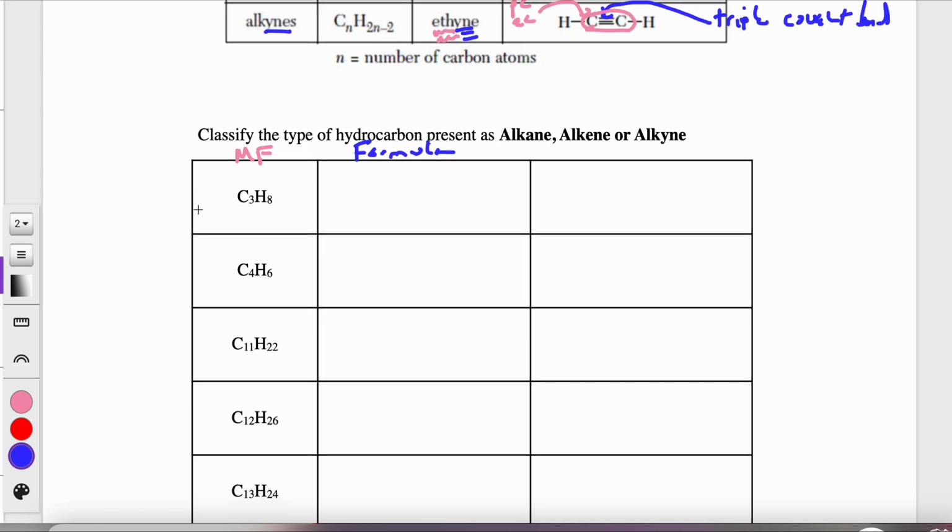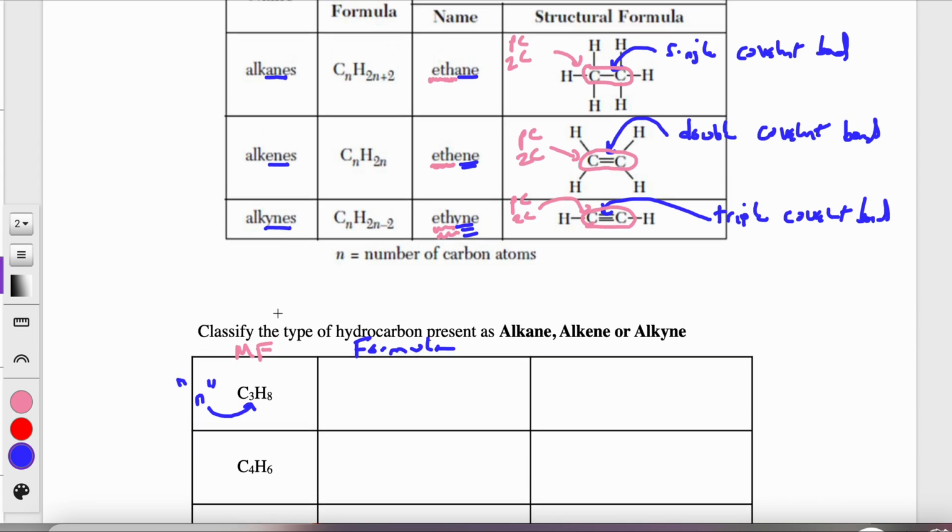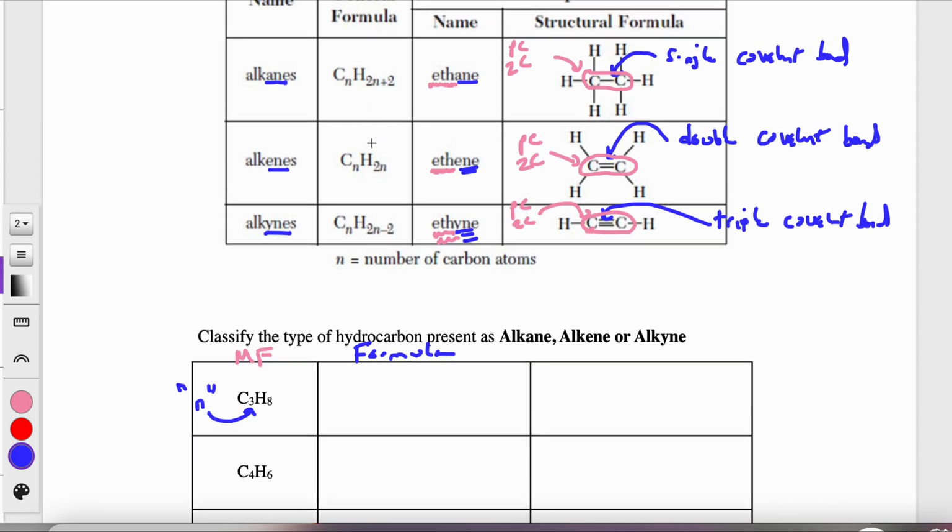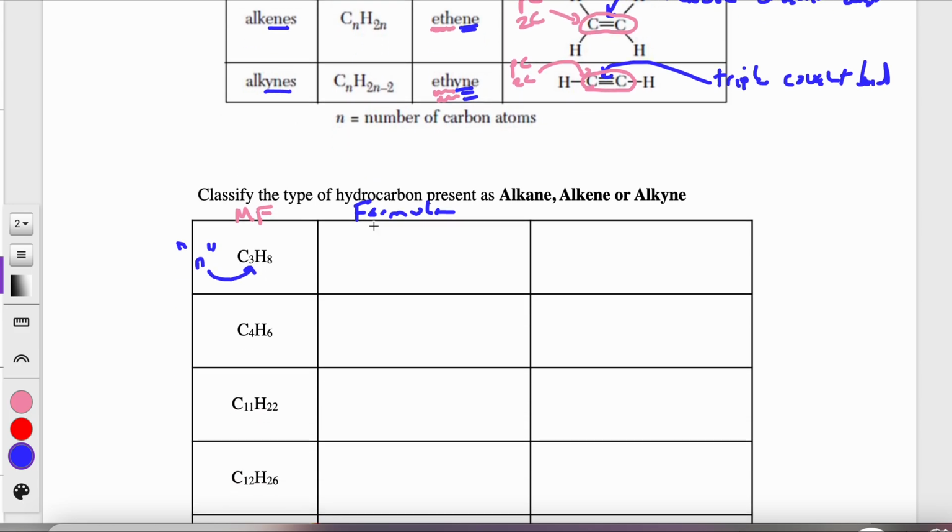So the number of carbons, whatever carbon's subscript is, that is N. And if you notice, each of the general formulas for hydrogen all start with 2N. So in this case, N equals 3, because that's carbon's subscript.